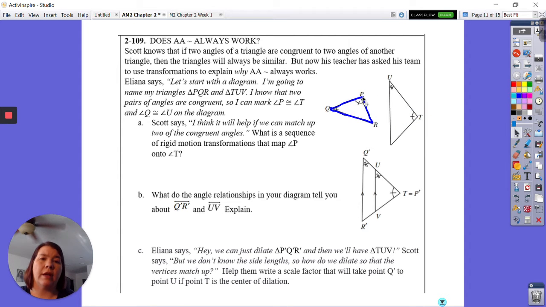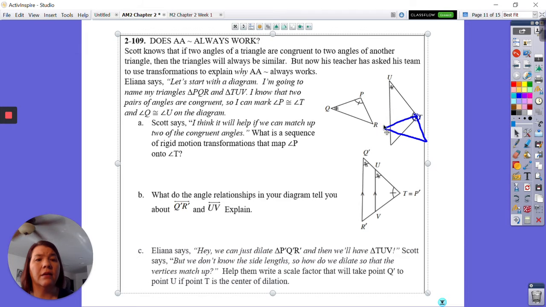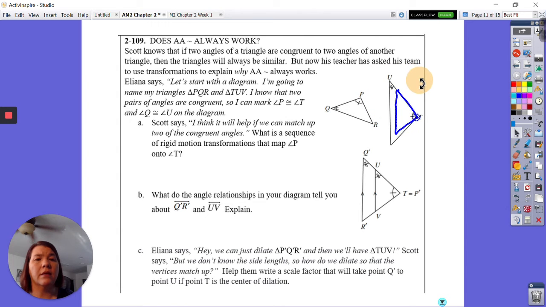I'm certain it had to be translated. I'm going to translate it onto T, and then rotate it. I got my rotator tool, so I'm going to rotate it around point T. Well, it's not perfect because they were randomly drawn. I'd say that's what they did.